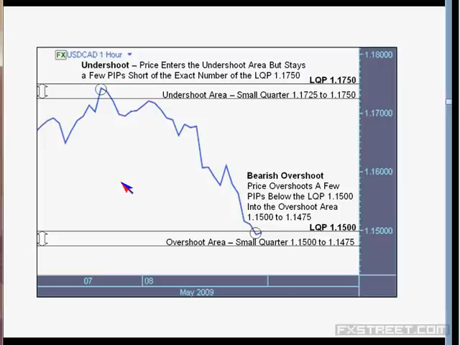Why do we do that? Because we realize that it's practically impossible in most instances for price moves to stop exactly at a large quarter point.